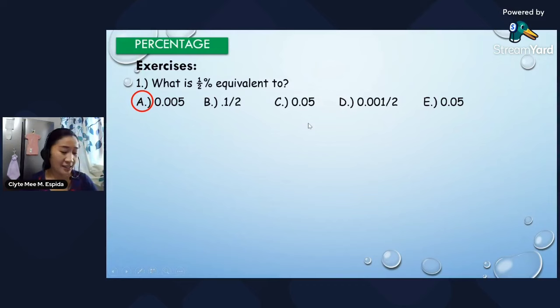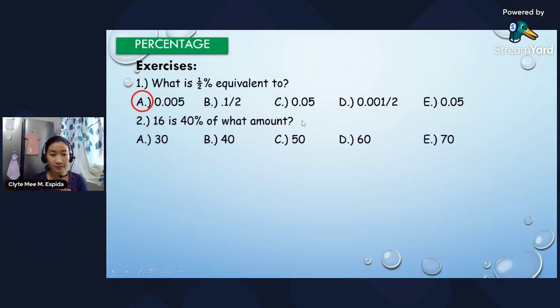Okay, so let's have the next question. 16 is 40% of what amount? Okay, again, 16 is 40% of what amount? Okay, sige. So let's answer number 2.